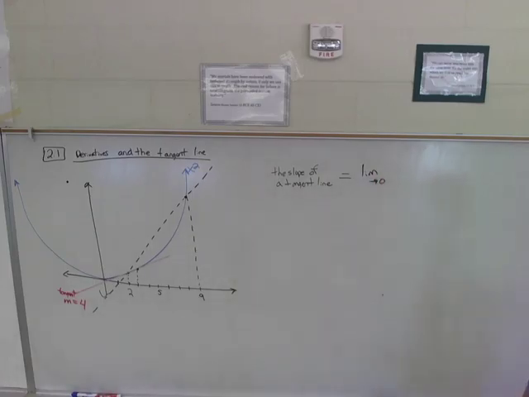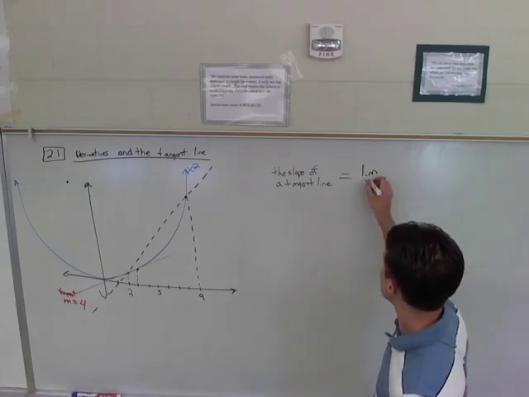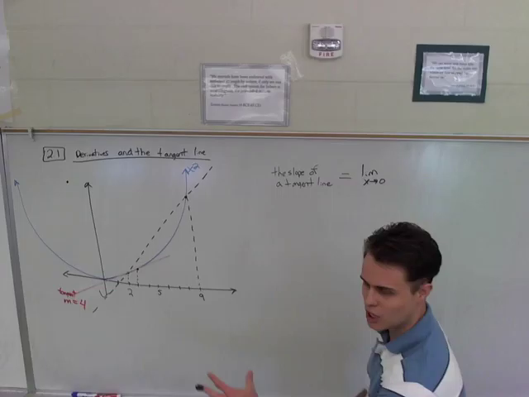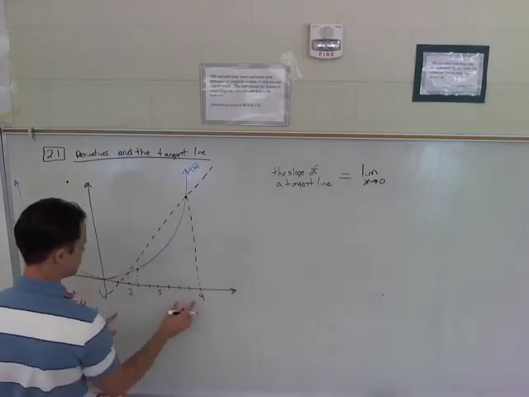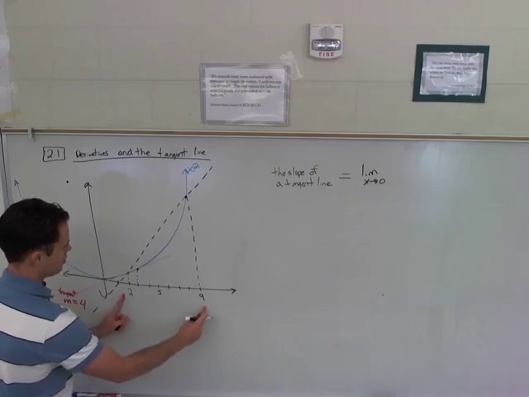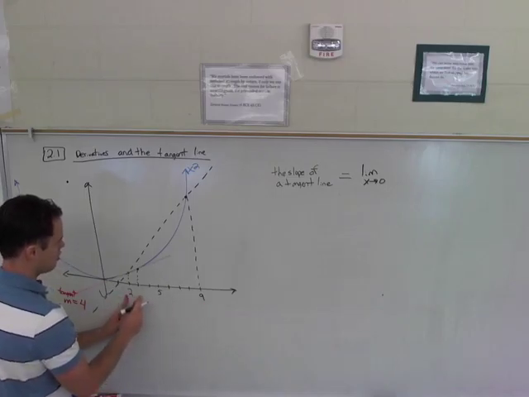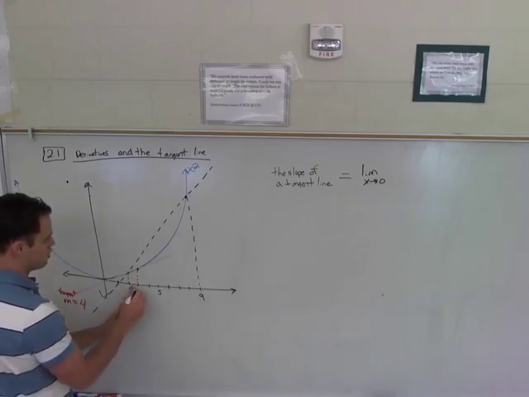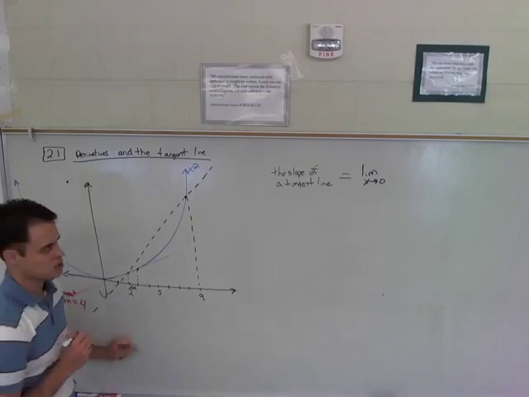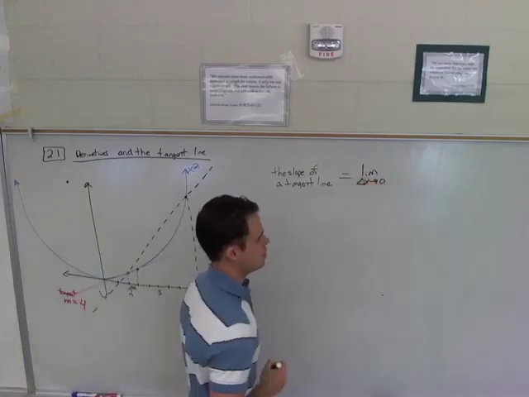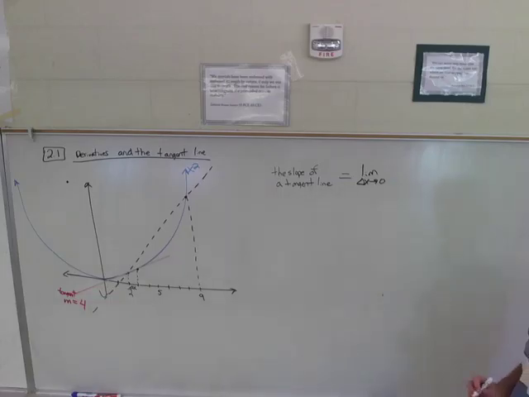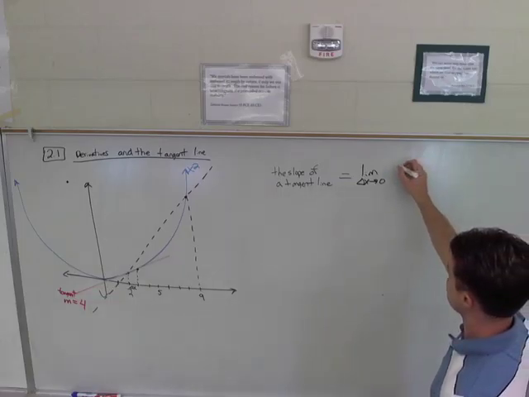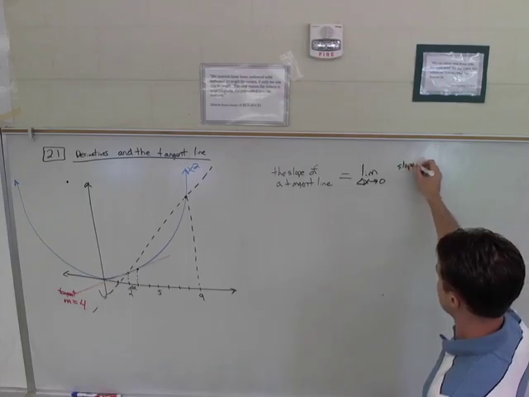What were we changing and making smaller? Delta x. First we made that 3, then we kept bringing it in. So it's the limit as delta x approaches 0 of what? Of the slope.